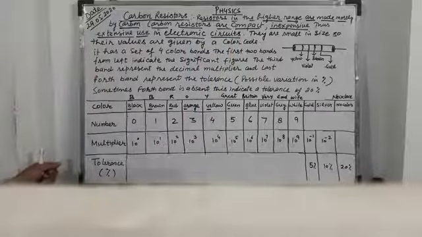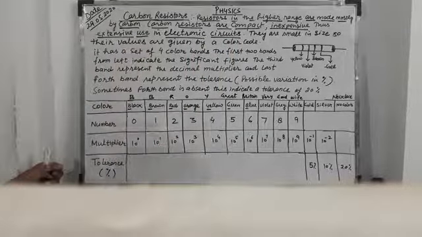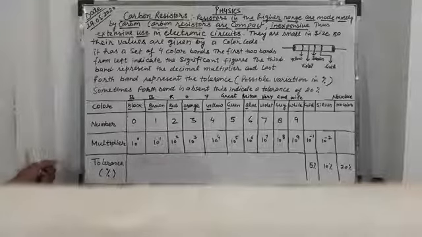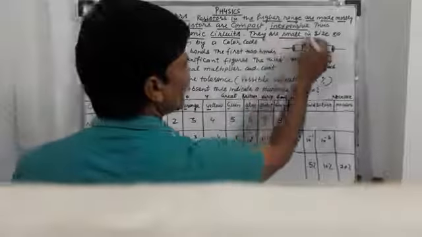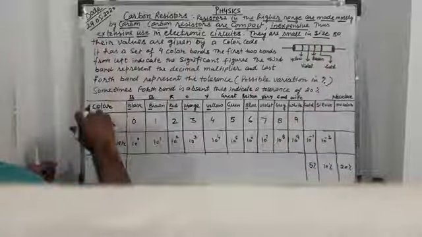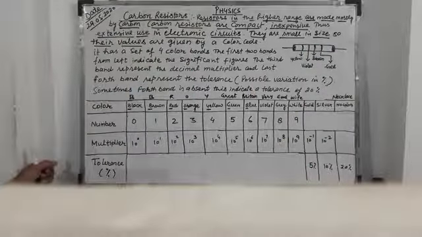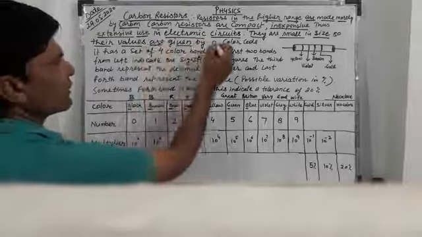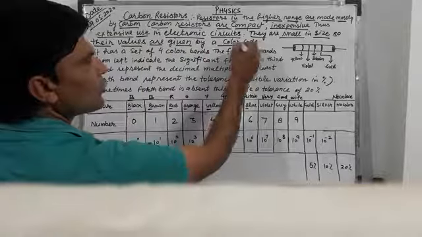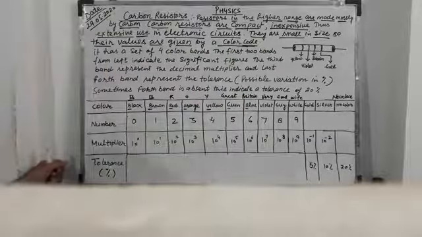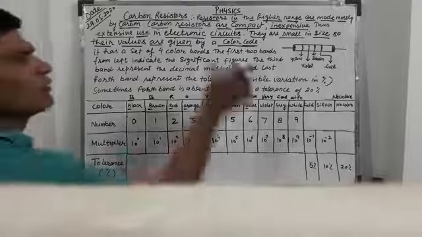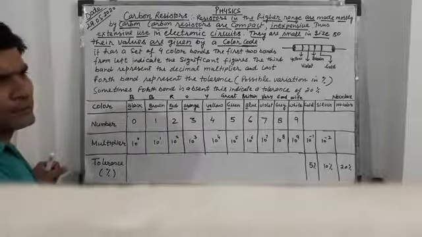They are small in size, so their values are given by a color code indicated on the resistors.